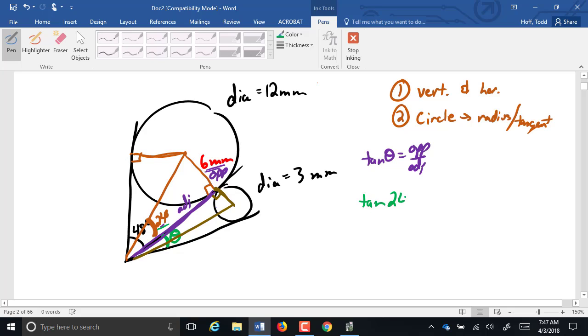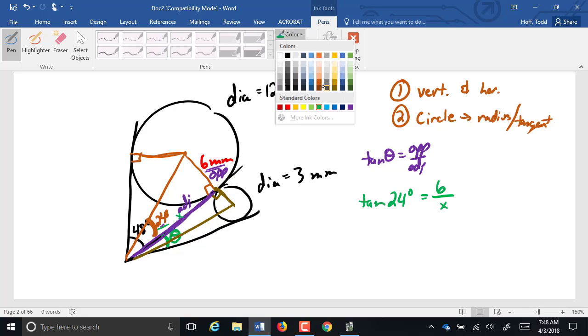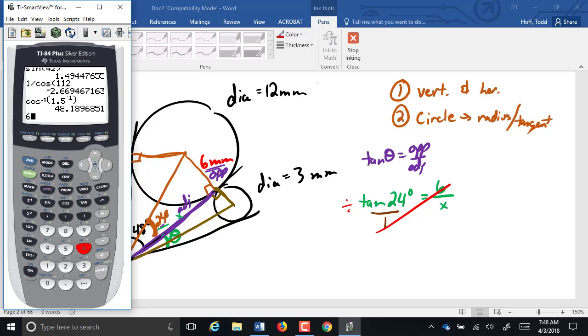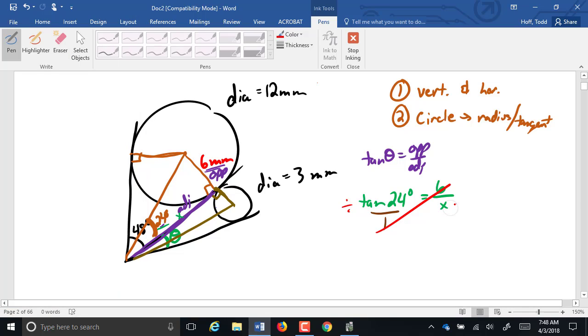Yes, 24. Do I know the opposite side? 6. The adjacent side I'm going to call x for now. So to find that, I just put this over 1, and we'll cross multiply and divide. 1 times 6 is 6, divided by the tangent of 24. Gives us 13.476 for x.